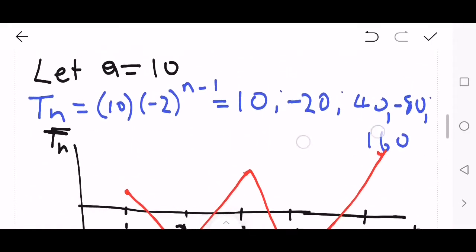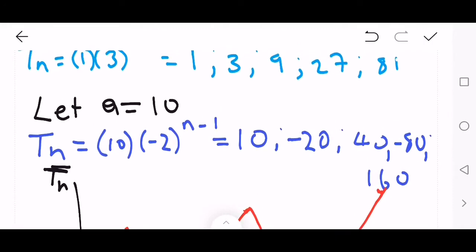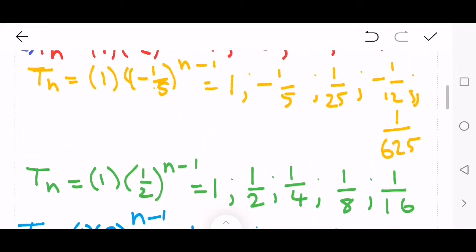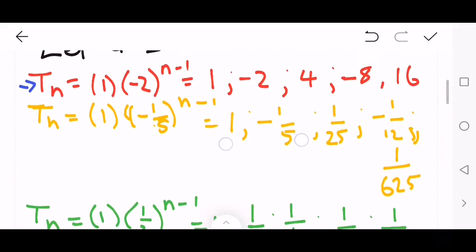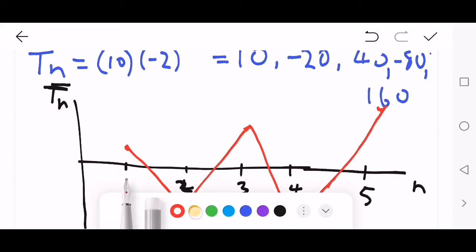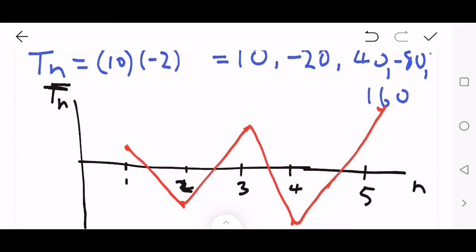Now let us plot for r equals minus 1 over 5. For r equals minus 1 over 5, our first term is 1. The second term is minus 1 over 5.